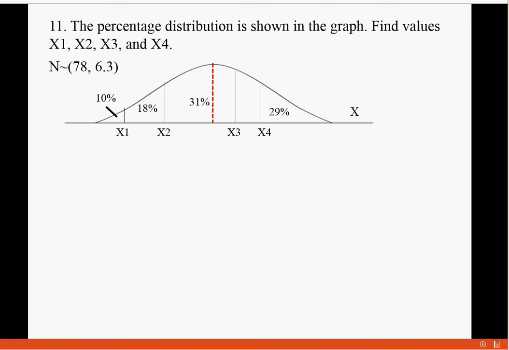What you need to find out is, from x1 to the mean, what is the percentage? Use that percentage to find the z-score in the normal table.